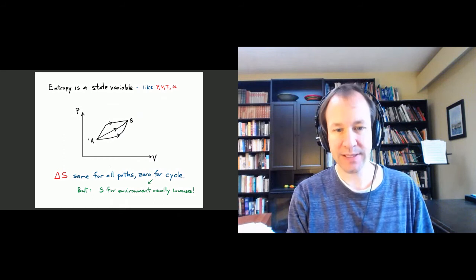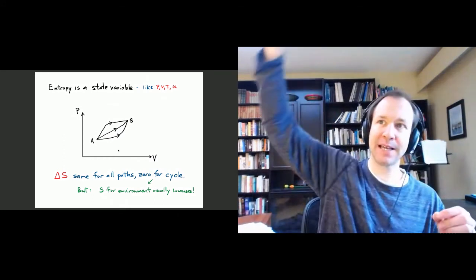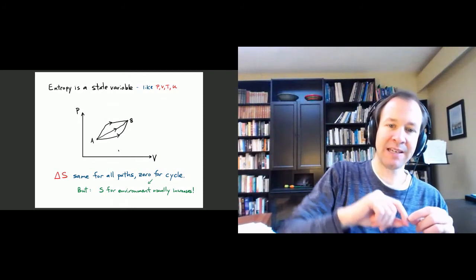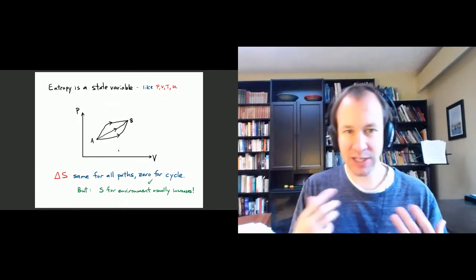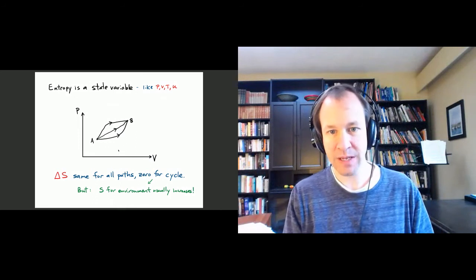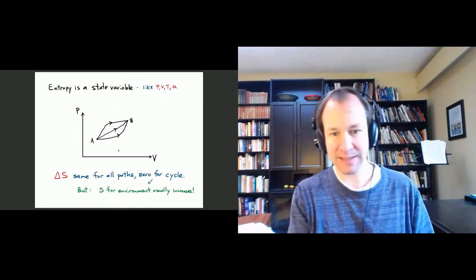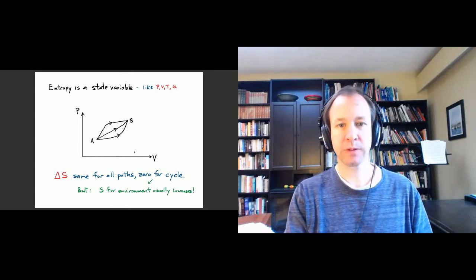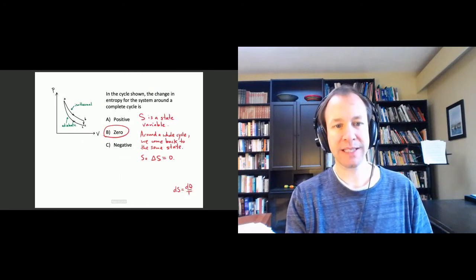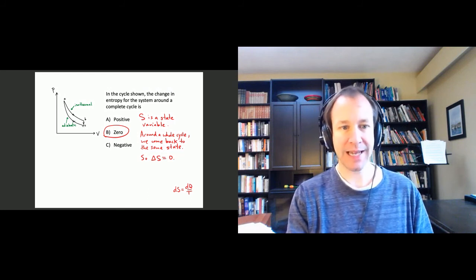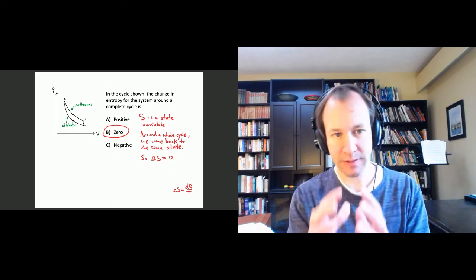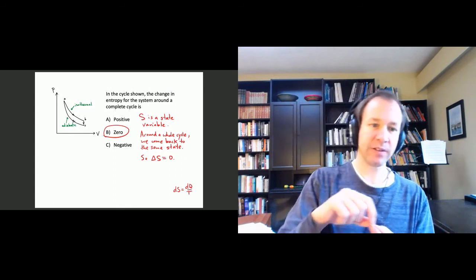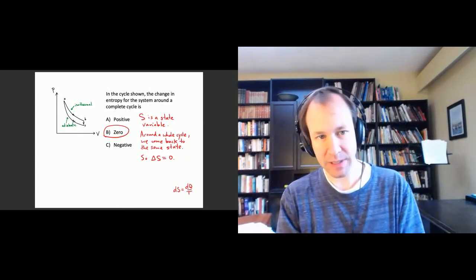Okay, so it's the same for all of these three paths from A to B. And if you have a complete cycle going from A back to A, then the change in the entropy is going to be zero, because it's just the final entropy minus the initial entropy. Okay. So that's going to be true for any cycle you can imagine, that the entropy of your gas in the process is always just going to go back to what it was at the beginning.